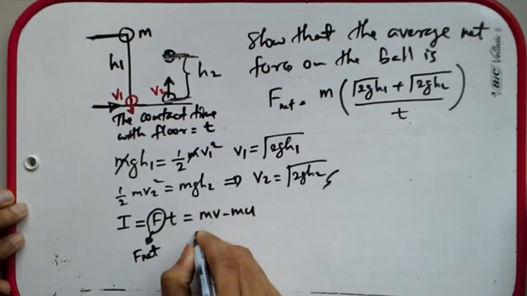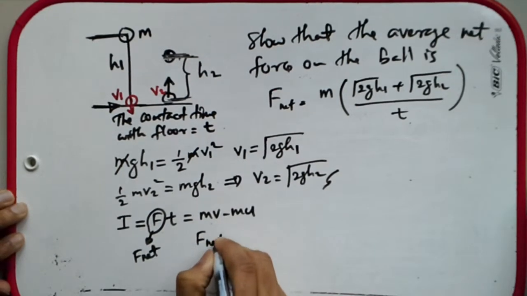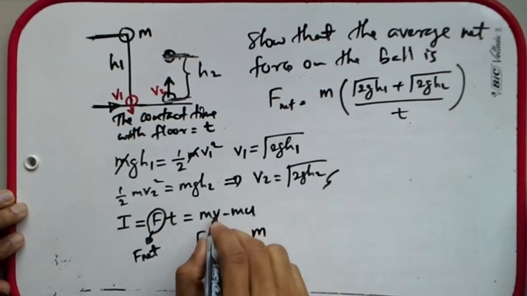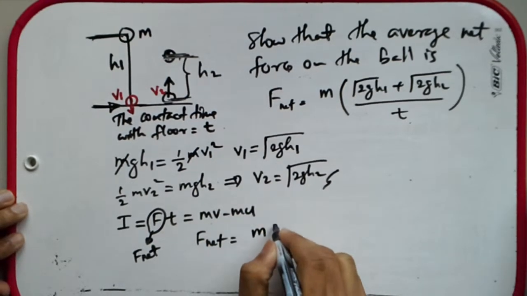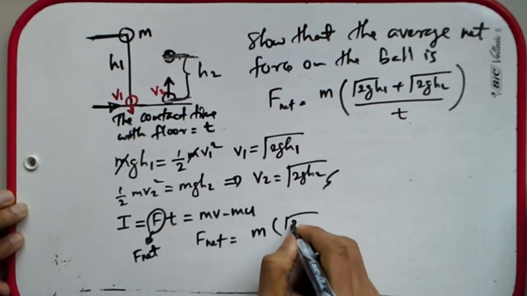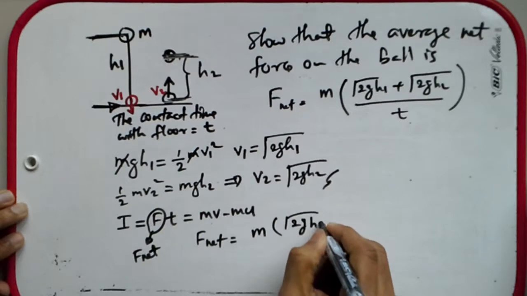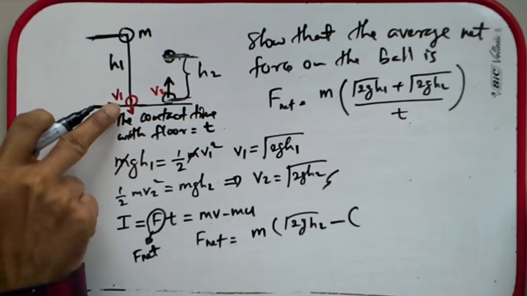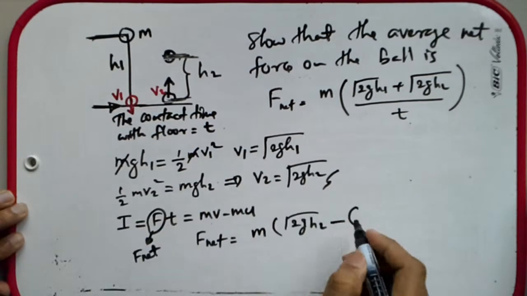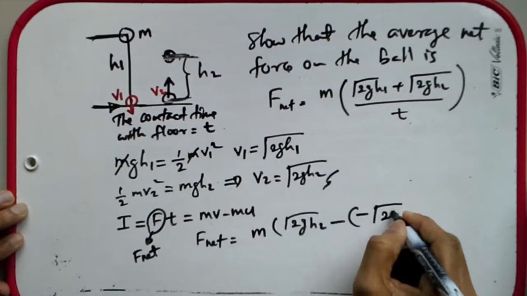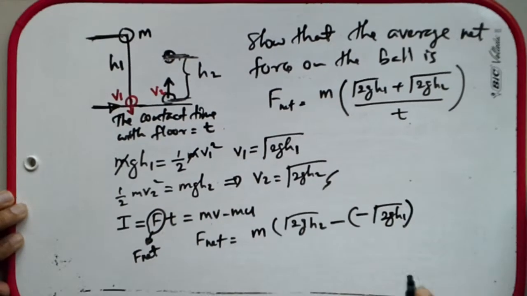So how do you do that? So F net is equal to mass, m is a common factor, times final minus initial speed. So what is the final speed? This one, square root of 2g h2, minus the initial speed, which is in the opposite direction, so I'll put minus square root of 2g h1.